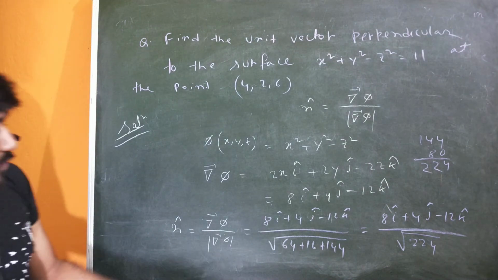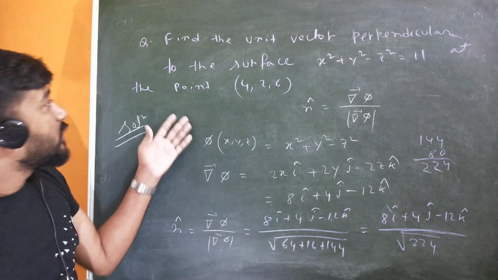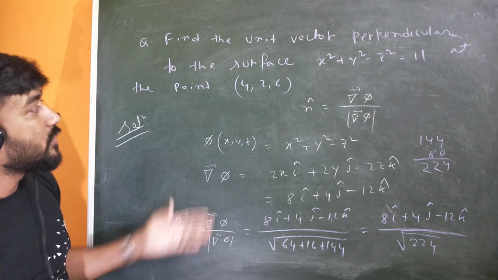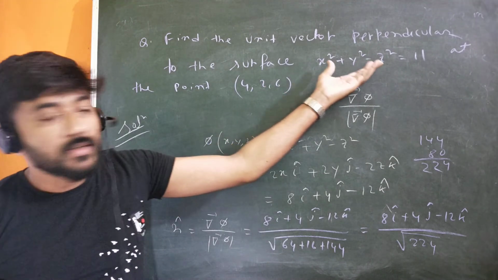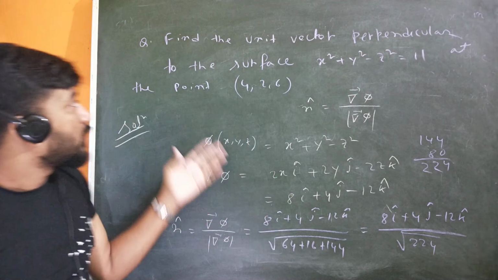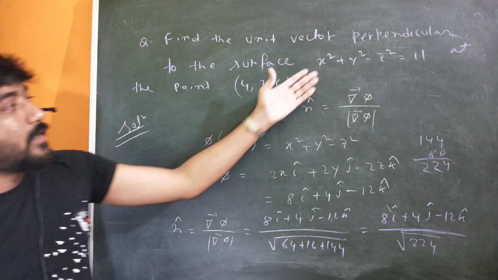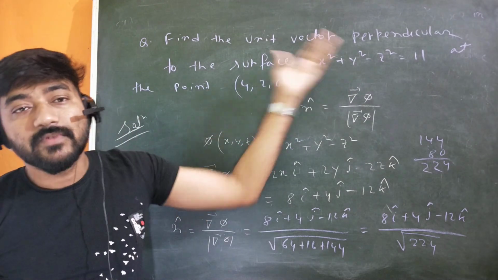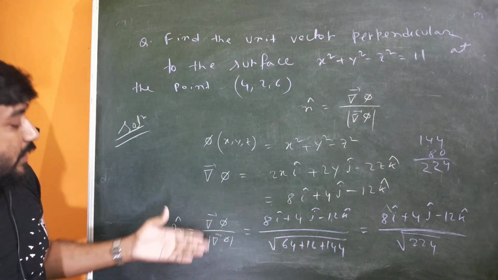Okay, so this is how we can find the direction that is perpendicular to the surface. Whenever you are asked to find the unit vector, and the surface is given like this, phi xyz is equal to constant, then you can find the direction.